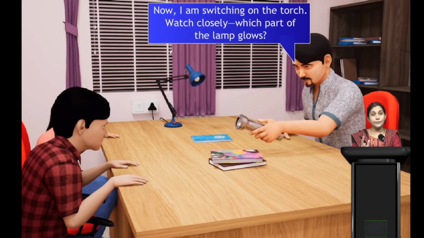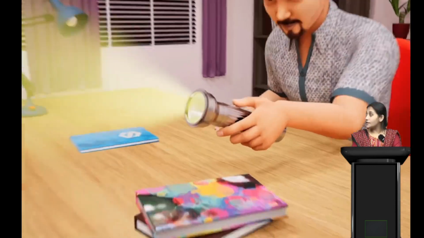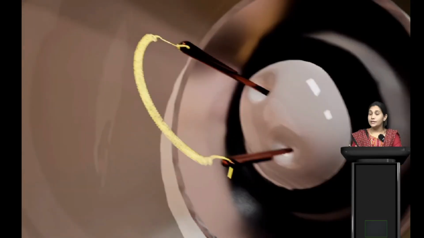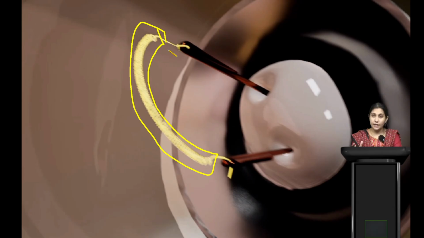His father switched on the torch, and suddenly what happened? This thin wire glows. Inside the torch, this thin wire is present, and it glows as soon as he switches on the torch.